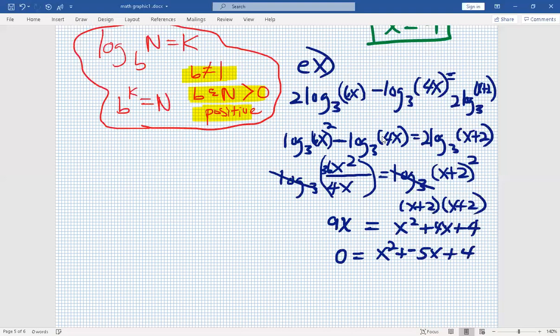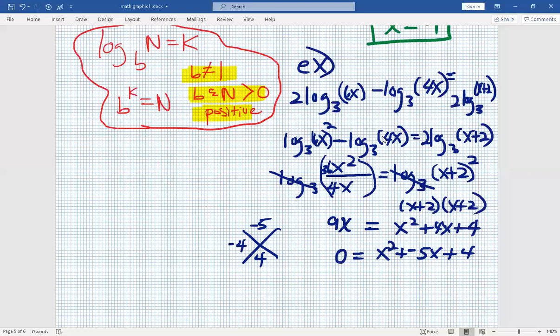Now you have to remember the x method to factor. So we have negative 5 and 4. This becomes something times something is negative 5.